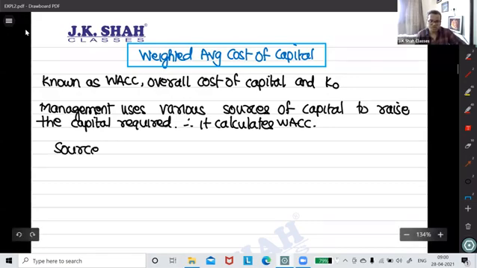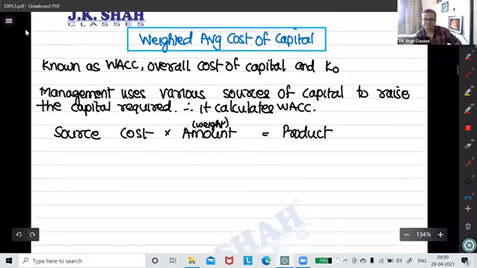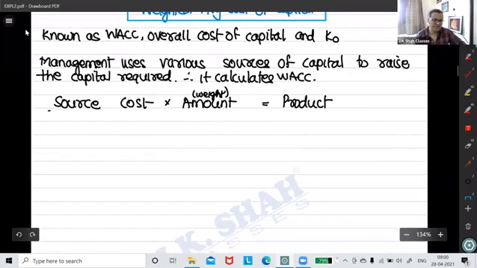We'll write the source, we'll write its cost, we'll write the amount of the particular capital, multiply this, and then we'll get the product. The amount of every capital source that we use will become the weight. So, examples: equity, cost KE, amount, product.